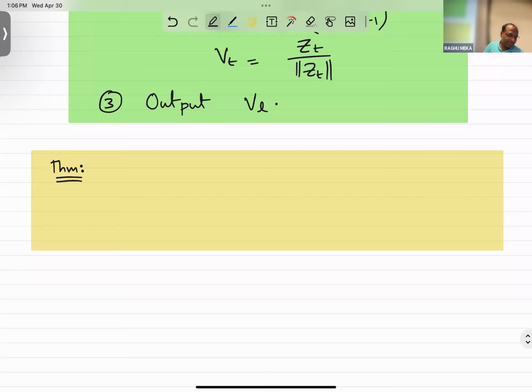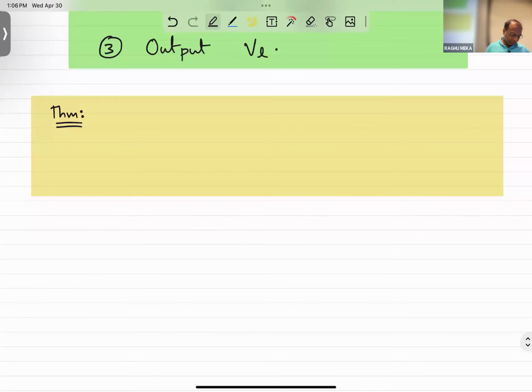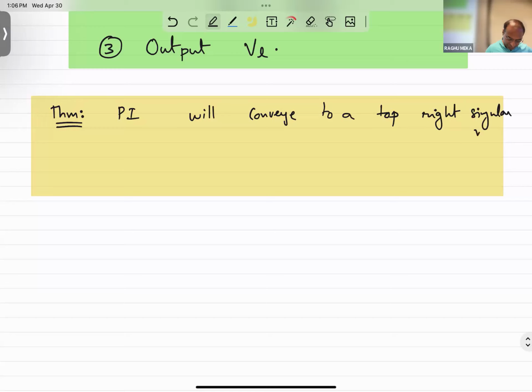But what we can say is the following. So let me first state it in words. Power iteration will converge to a top right singular vector. Okay.